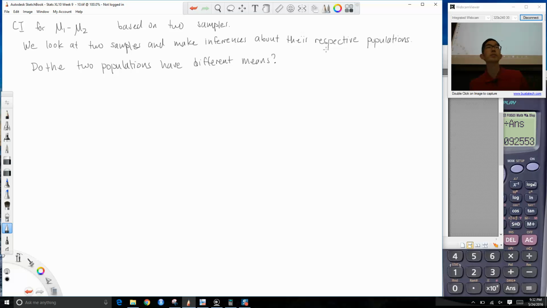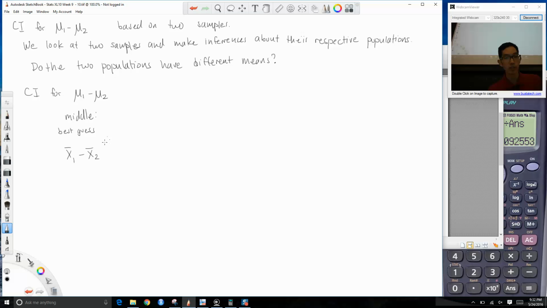So the confidence interval for mu1 minus mu2: in the middle, we're going to put the best guess that we have for mu1 minus mu2. Our best guess for this quantity would be x bar 1 minus x bar 2.